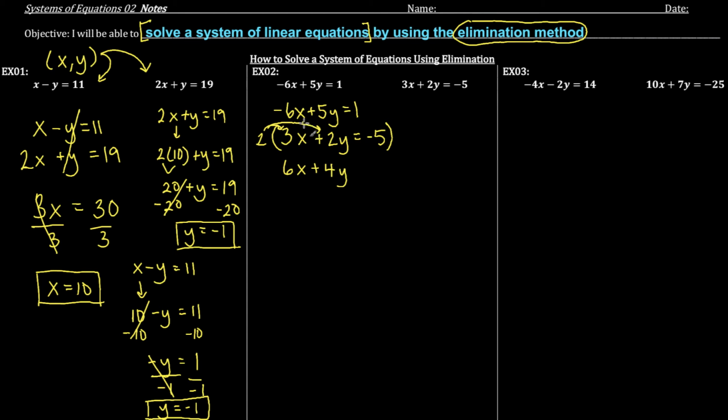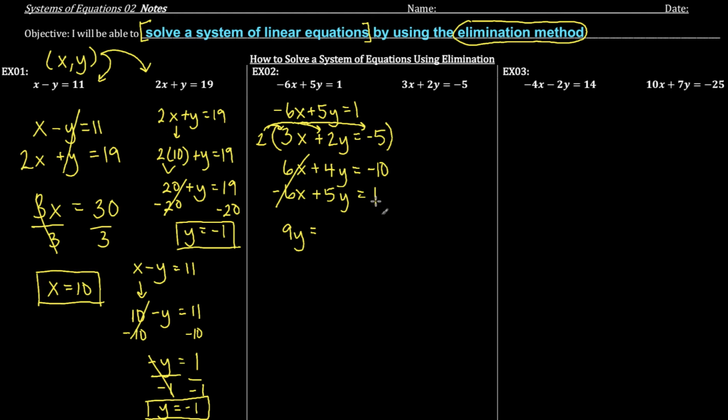And then I'll have to do it to the other side also. 2 times negative 5 is negative 10. As long as I do the same operation to both sides, the x and y's will stay the same. And then I will rewrite this one down here: negative 6x plus 5y equals 1. So now I can cross some stuff out. 6x minus 6x is 0x. 4y plus 5y is 9y.